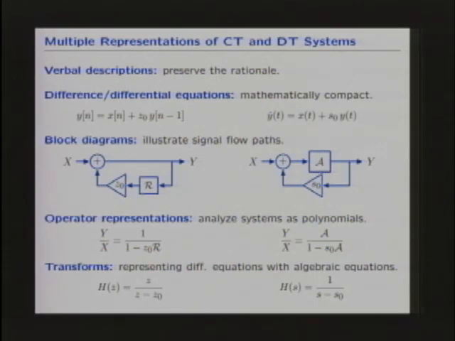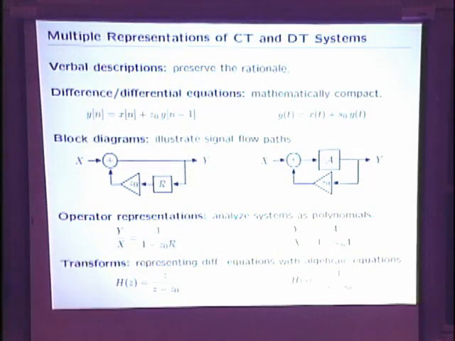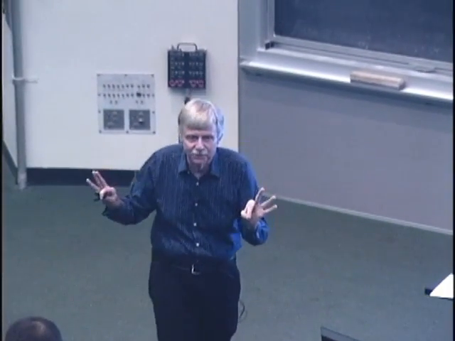So for example, in both CT and DT, we looked at verbal, but not so much. That was mostly in the homework. We looked at difference and differential equations, mostly because they were so compact, so concise, so precise. They told you exactly what the system does, no fluff. This is it. So that was nice.